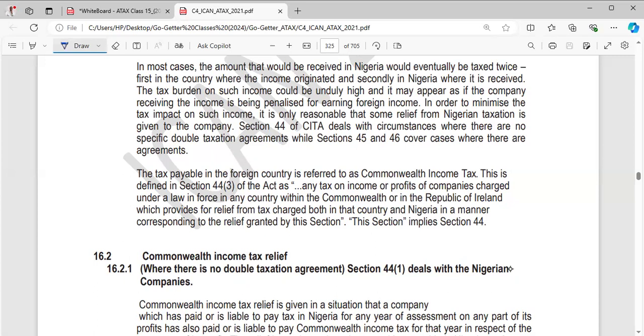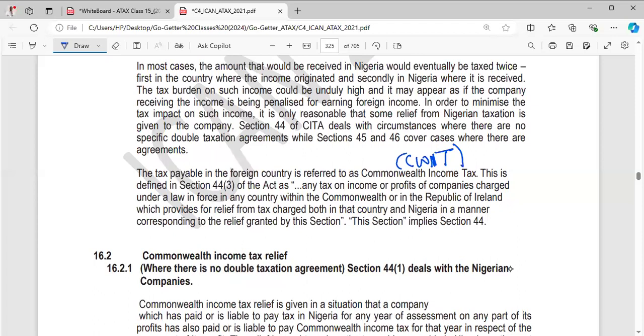Sometimes you see me writing CWIT, Commonwealth income tax, or you see me writing CWT. Anyone you see, know that it refers to the foreign tax that you pay in the foreign country. Now, this is defined in section 44.